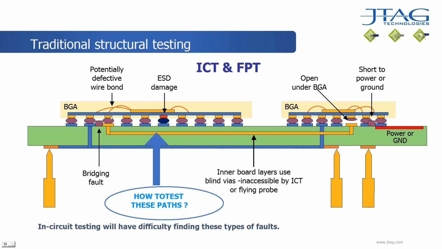But obviously, when circuit board design became more complex and more dense with more layers, you ended up with tracking systems like this with blind vias, so vias that don't come to the surface of the circuit board, so can't be probed, and thus you need another method to access those pins or balls and test the continuity between them. And so that was a perfect solution for boundary scan.